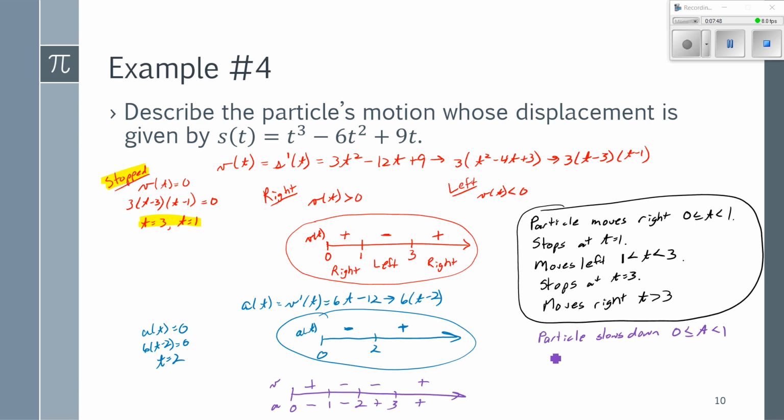Then from 1 to 2, velocity and acceleration have the same sign, so the particle speeds up for times from 1 to 2. From 2 to 3, opposite signs, so it slows down. And then after 3, the particle is speeding up.